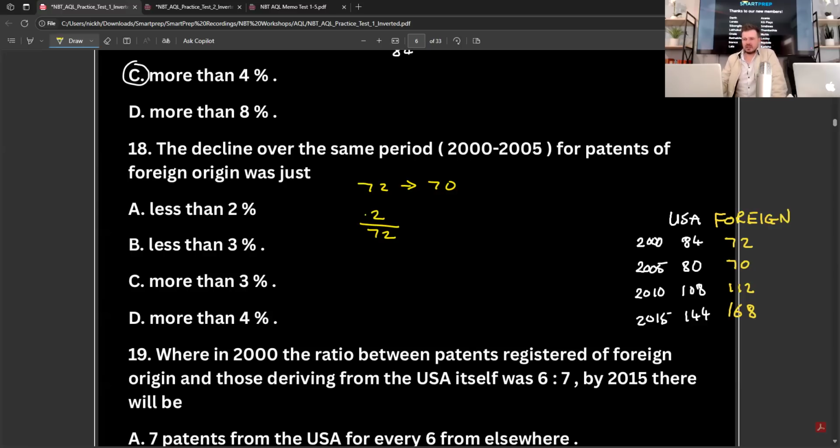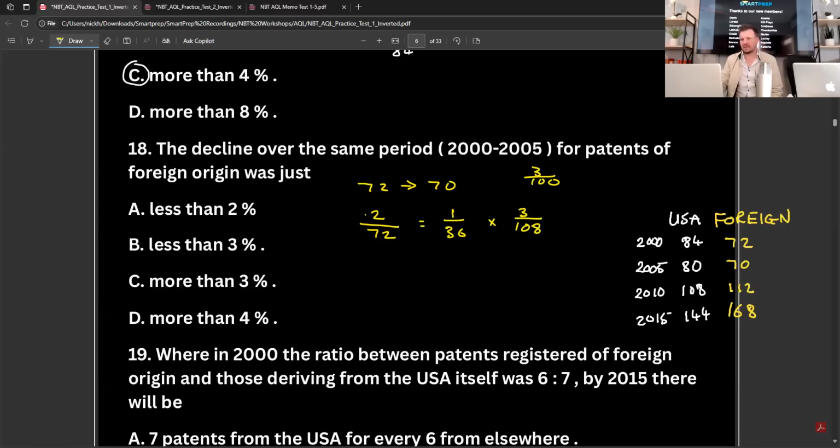Okay, so if we look at that, right? Well, I could make 2 over 72 into 1 over 36, right? And if I times those both by 3, the top and the bottom, I get 3 over 108. Well, if it was 3 over 100, it would be 3%.